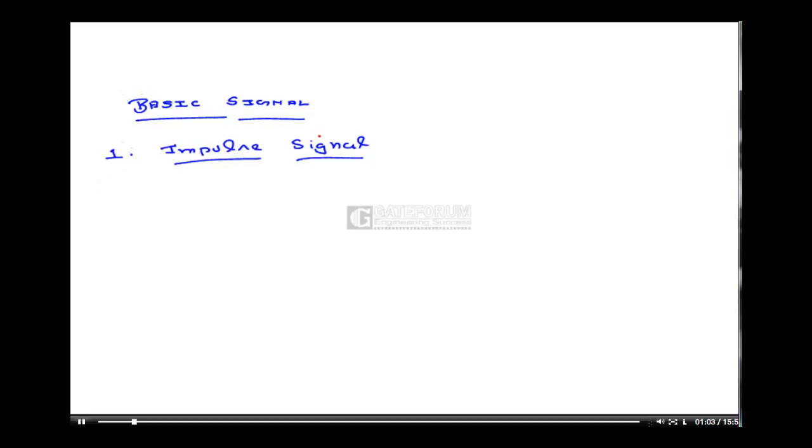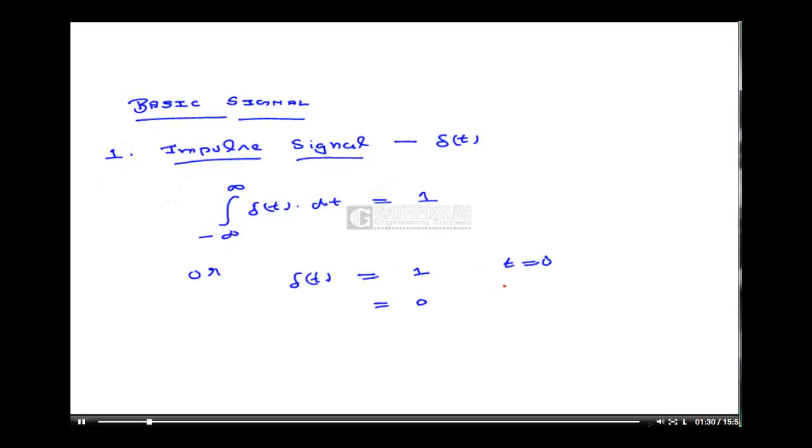So I can define an impulse function delta t such that the integral from minus infinity to infinity of delta t dt is equal to 1. Or I can write delta t equal to 1 at t equal to 0, and it is equal to 0 for t not equal to 0.